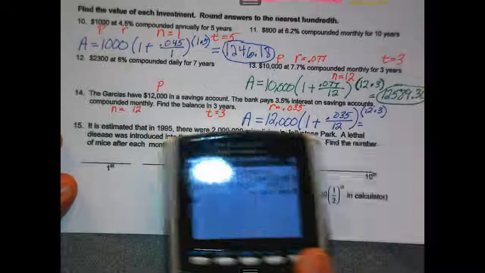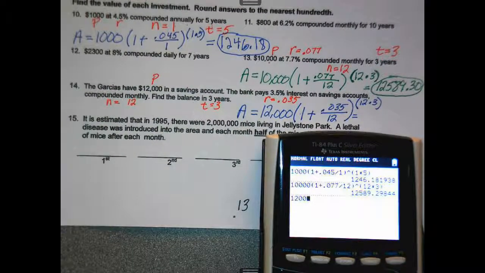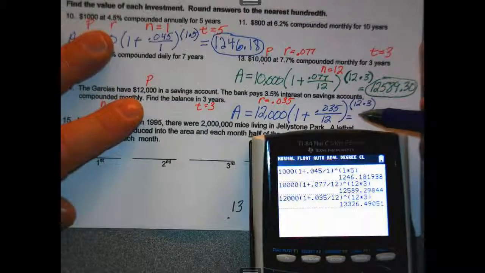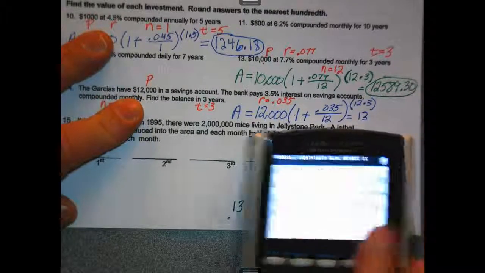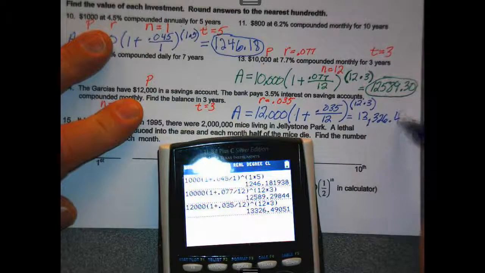Okay, put this in our calculators. 1 plus 0.035 divided by 12, raised to the 12 times, oh, got my parenthesis, 12 times 3. 13, yep, 13,326.49.